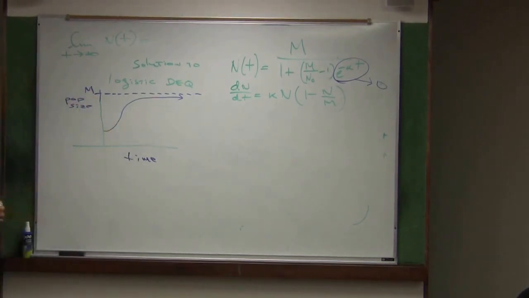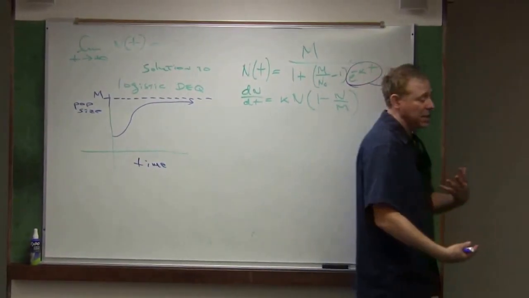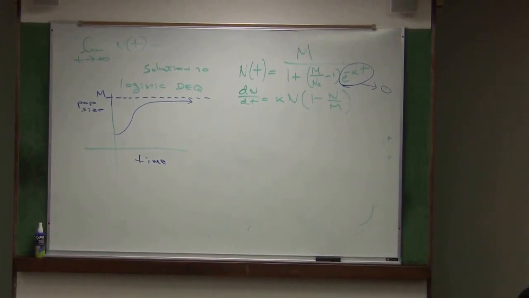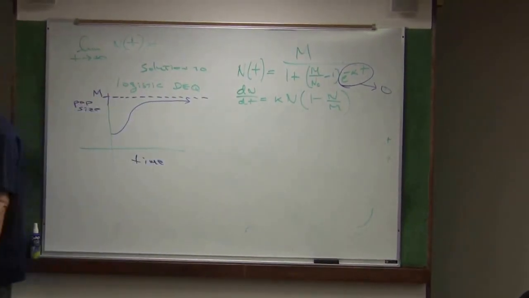That's what a function that has logistic growth typically looks like. So logistic growth is just a separable differential equation solved with partial fractions. That's basically what it is.